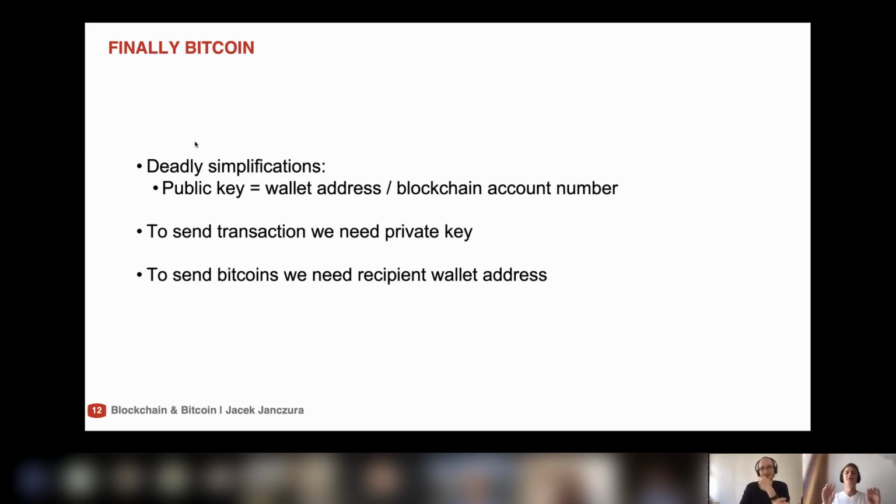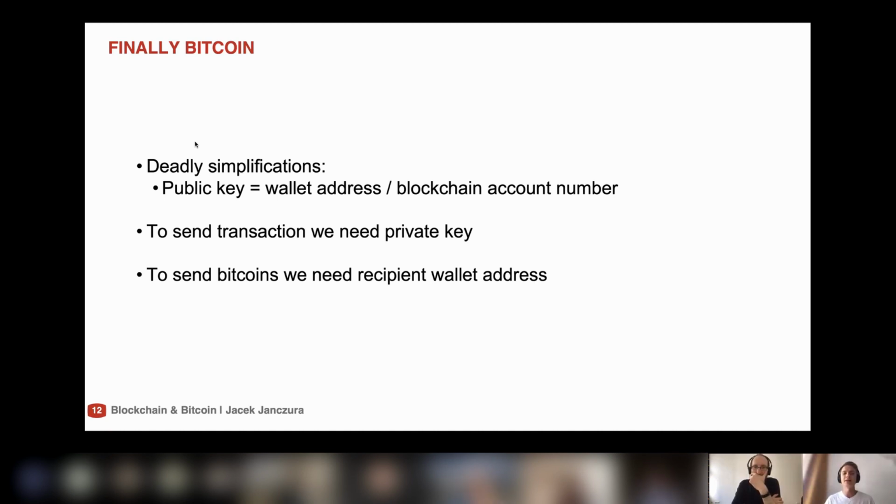And here I start with deadly simplifications. Let's imagine that in blockchain, a public key is just a wallet address or a blockchain account number. So a public key can be shared with anyone, and as long as we don't disclose our private key, anyone can send assets to our account just using our public key.